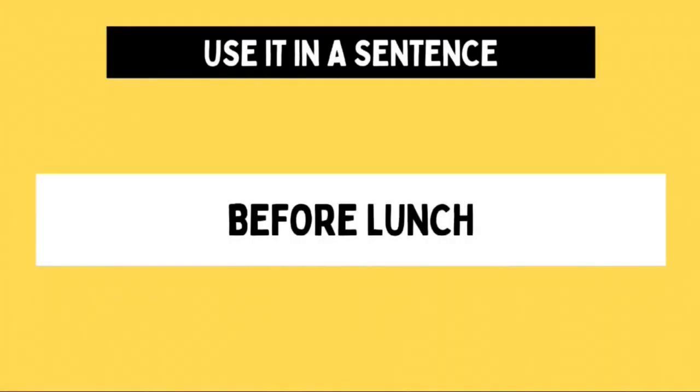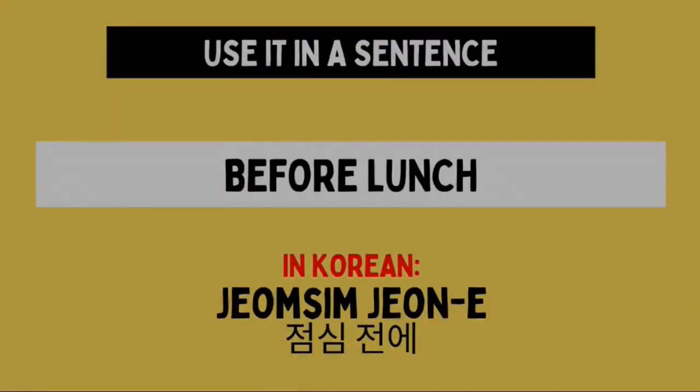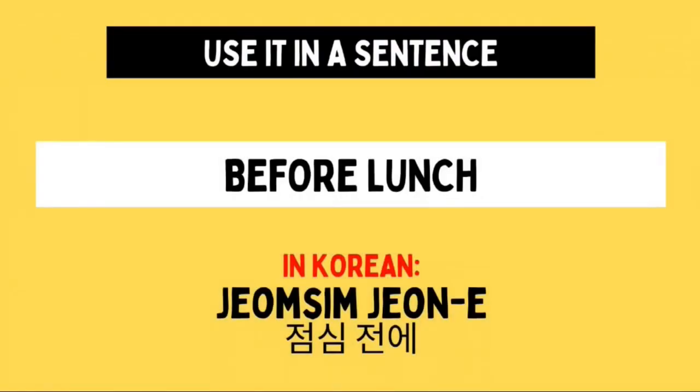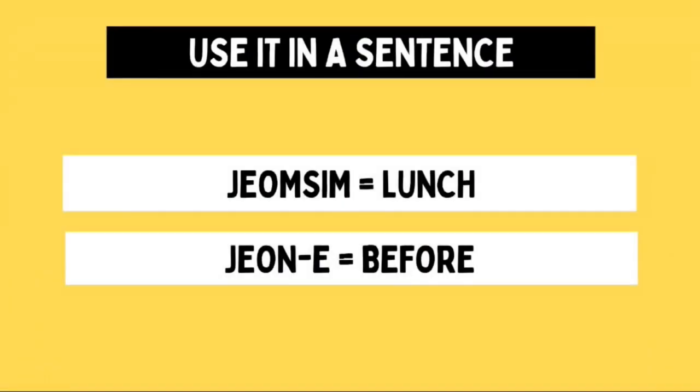Now let's try to look into this example English sentence. It says, before lunch. The Korean translation of this is 점심 전에. If you remember, this is the sentence which is mentioned at the beginning of this video. The word 점심 is the Korean term for lunch.